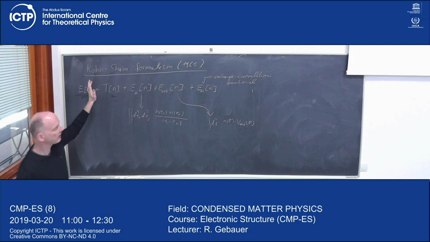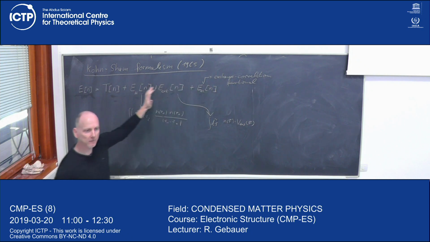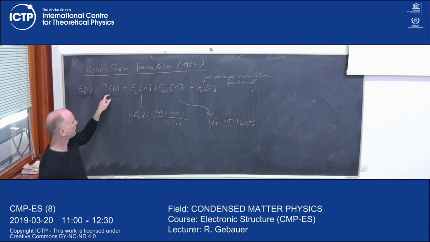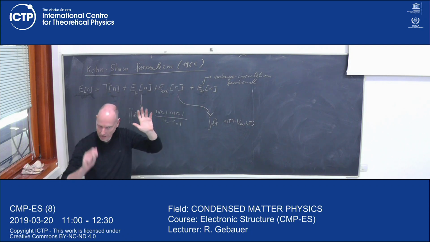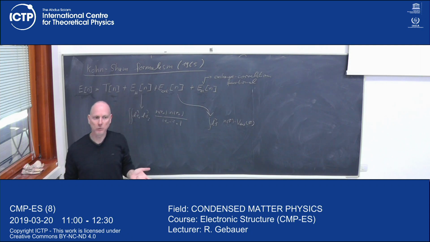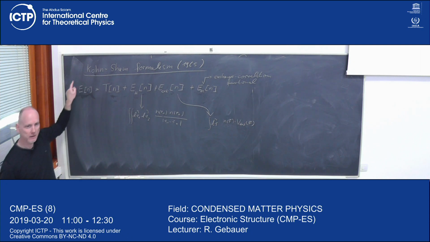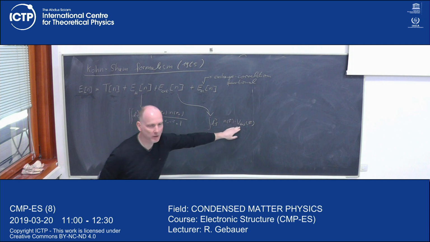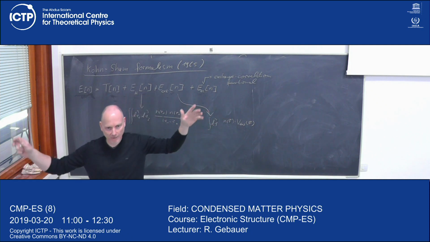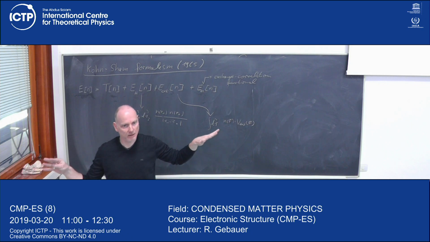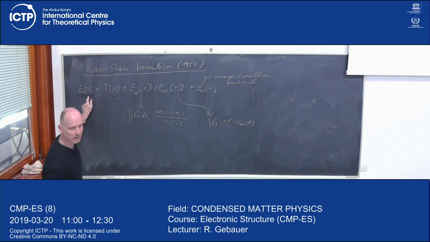Okay. So imagine that we knew now the exact form of all this, so that we had a term written down like this also for here and here. Imagine we had it. Then what we would need to do is very simple. What we need to do is to minimize this expression with respect to n. Then we find, for a given system, which is defined by a given external potential, that density which minimizes the energy, and therefore this is the ground state density, and we find the ground state energy.